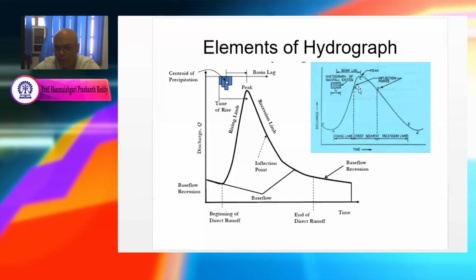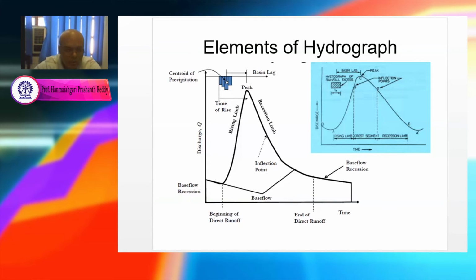The curve from B to D is called the crown of the hydrograph. So D is the starting point of the recession limb, and E is the end of the recession limb. The end of the recession limb reflects the ceasing of direct runoff.